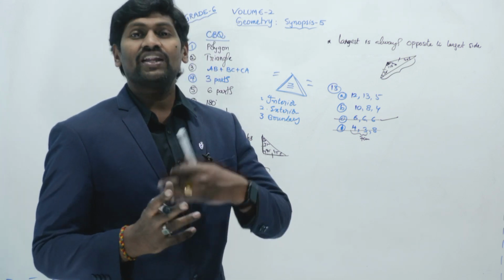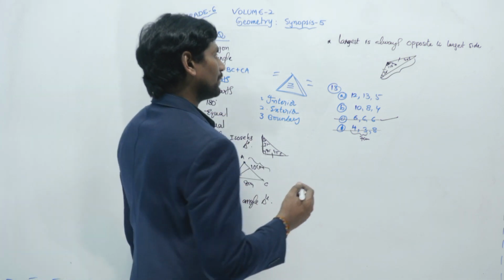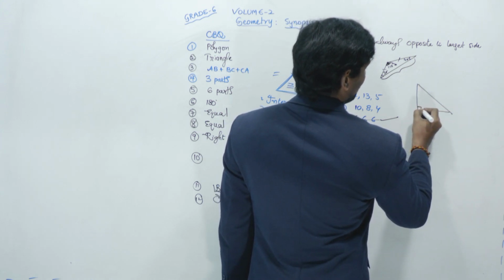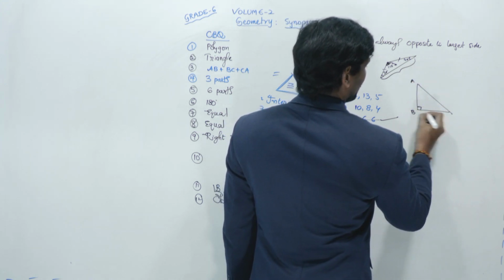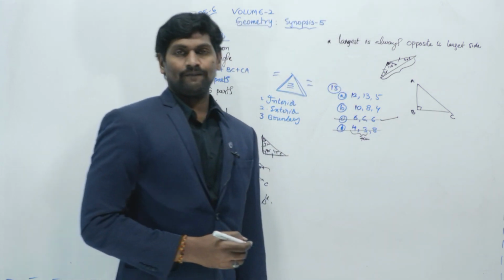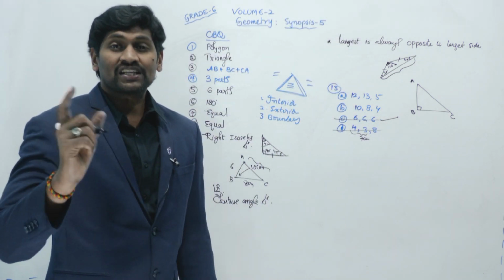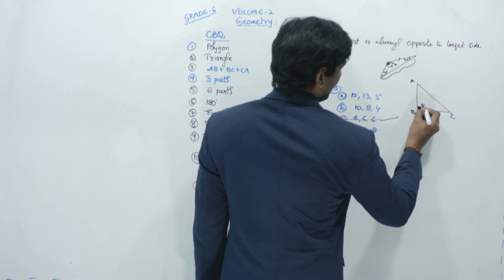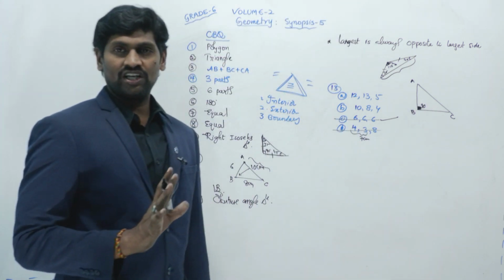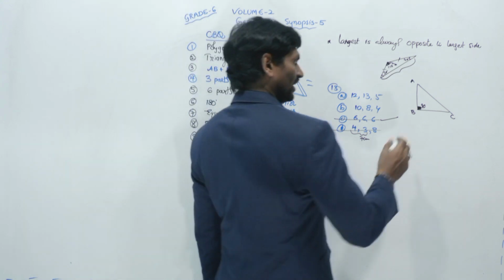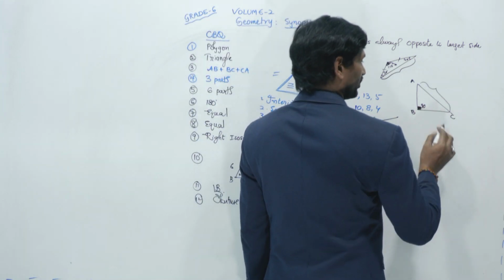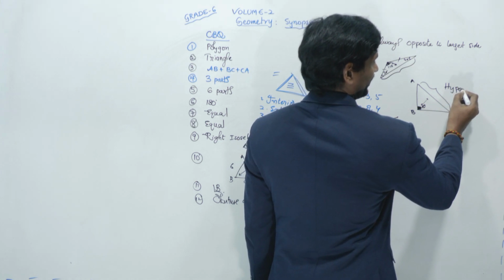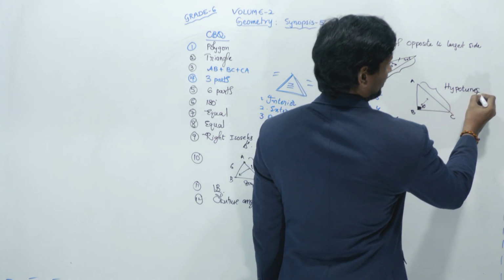To identify a right angle triangle, it should follow the Pythagoras theorem. Let me draw a diagram here. Right angle triangle ABC, with the right angle at B. Right angle means making a 90 degree angle. In a right angle triangle, the side opposite to the right angle is called the hypotenuse, which is the largest side.